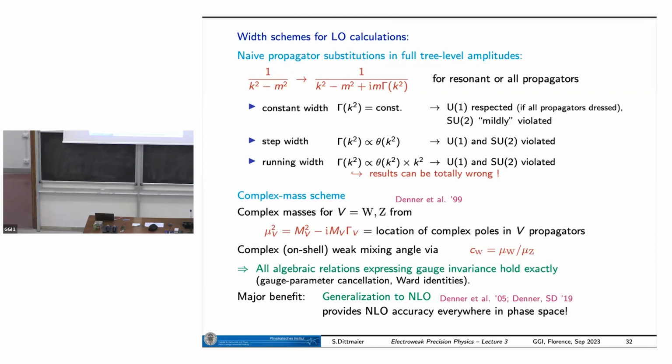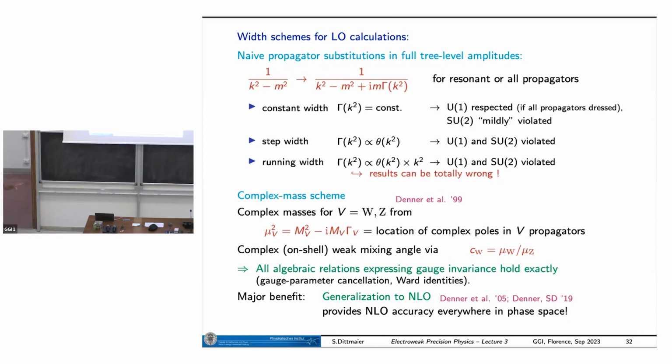And this has the benefit that all these gauge invariance relations in amplitudes look like algebraic relations. And algebraic relations survive also a step where you interpret a real parameter as a complex parameter. If it is a truly algebraic relation, this will hold.